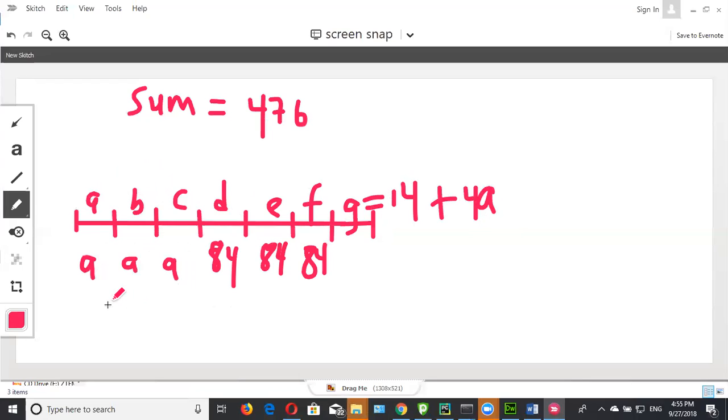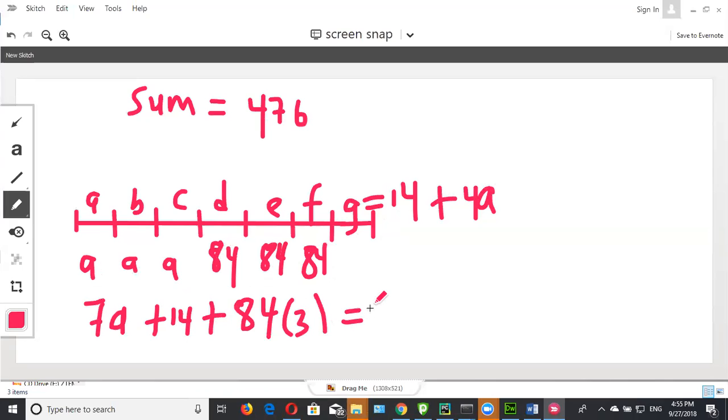So if we add all these numbers up, there are 3 A's here and there's 4A here, so we have 7A. Then there's a 14 plus 84 times 3.